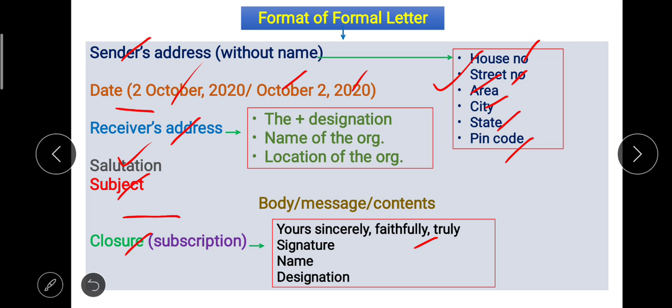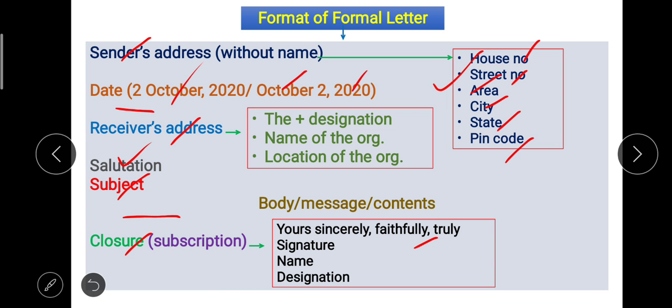Many times students commit mistakes in the spelling of truly, so be careful. They just add ly after true, but the spelling of truly needs the drop of e. First write true, drop e, and then ly. Simply speaking, truly, not ely.